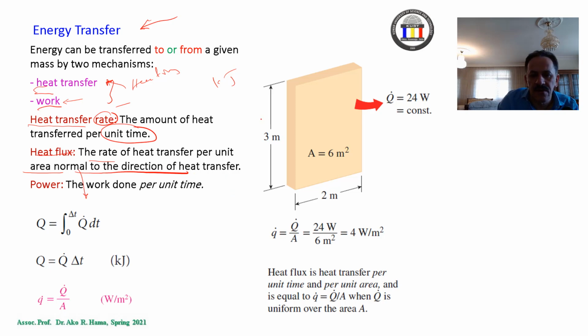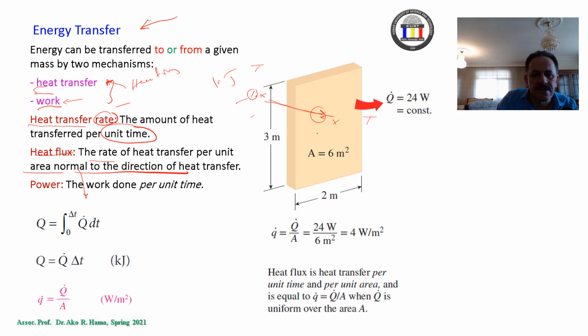So if I have, for example, this wall, and a point here and a point this way, let me call them point 1 and point 2. If the temperature here is higher than the temperature here, what will happen? The energy or the heat will transfer from point 1 to point 2.